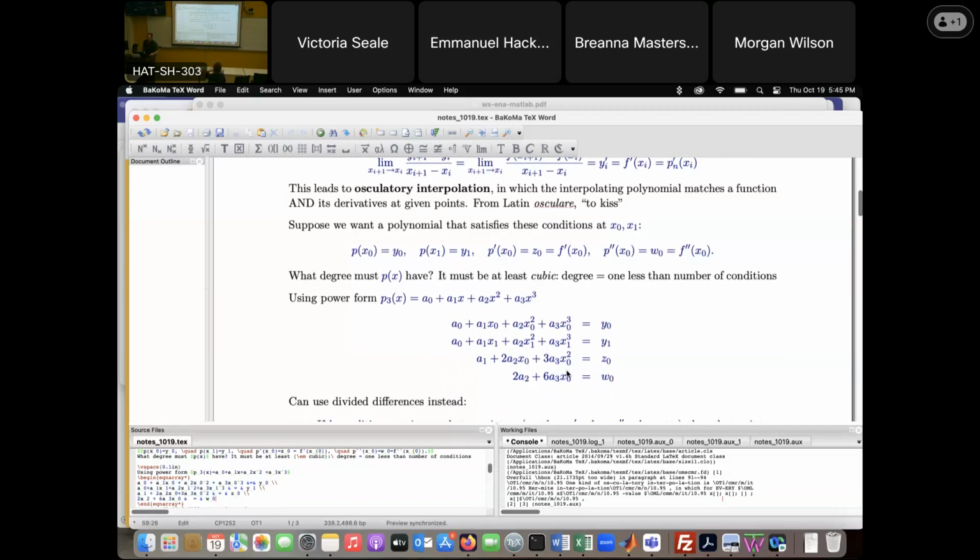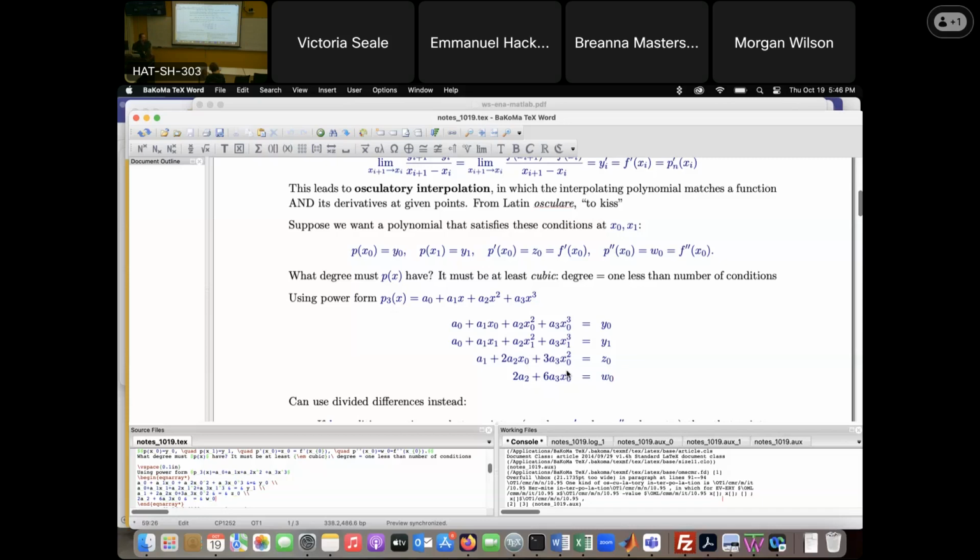But this still has the same kind of drawbacks as van der Waals in the case of distinct x values. It's still an expensive approach, on the order of n cubed operations for a polynomial of degree n. We still have the issue of ill conditioning if the x values are clustered together. So we'd still rather not pursue that.